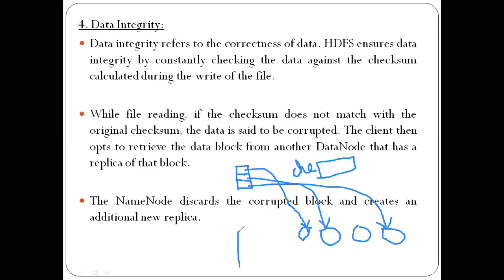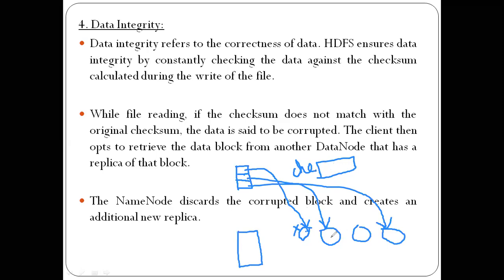Another client comes and wants to read the same file. During that read process, this data block is taken from the data node and compared with the checksum. If the checksum does not match, that data block is discarded, and I said the data block is also stored in different computers.